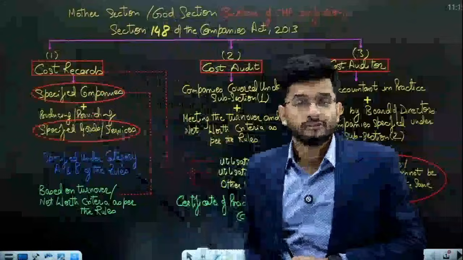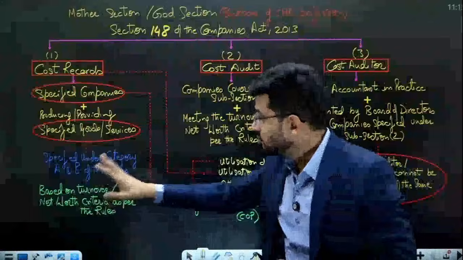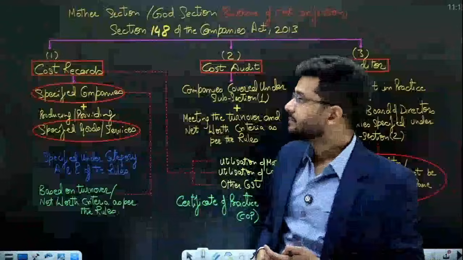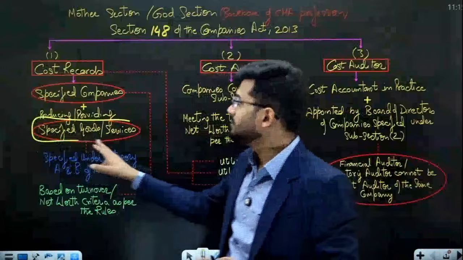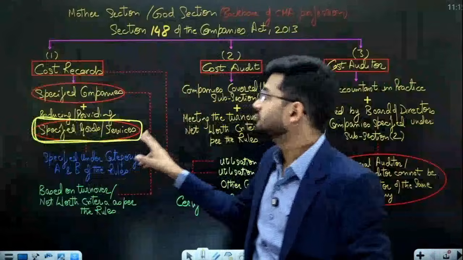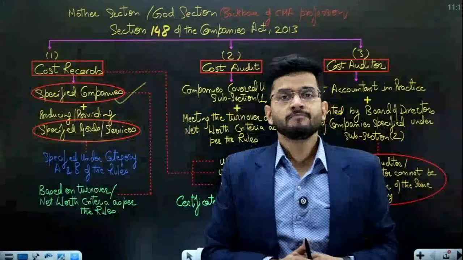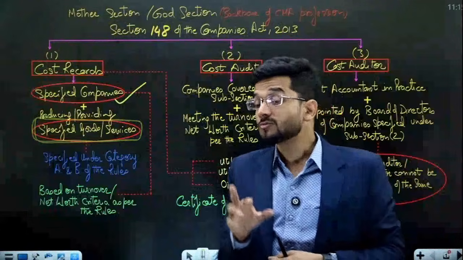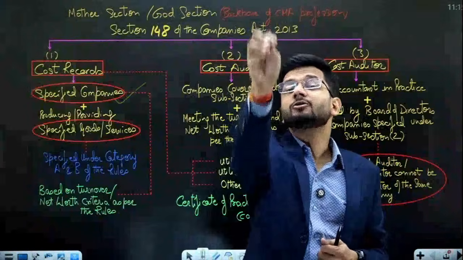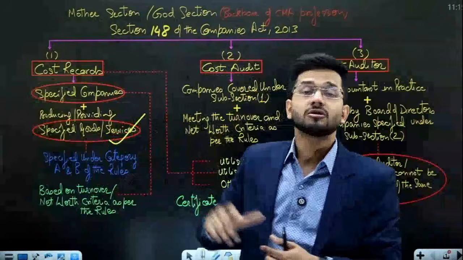If you fulfill that turnover based criteria, then you are required to prepare your cost records, and plus you should be falling under the specified category of goods and services. Not every person who is fulfilling the turnover criteria becomes eligible for cost records. Only those people who are producing specified goods and services are eligible for cost records.